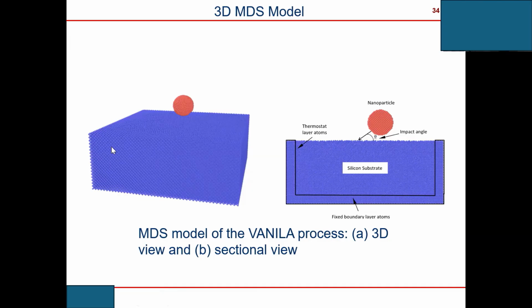Here you can see this is atomic level. This is the abrasive, a lot of abrasive there. Here is a silicon substrate, and this is the thermostat layer of atoms. This nanoparticle has an impact angle, theta.